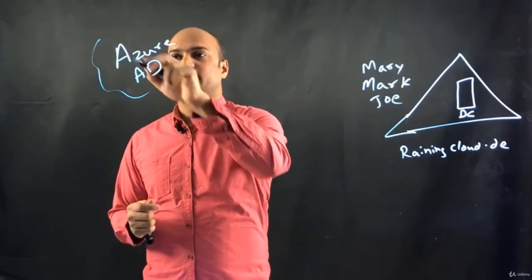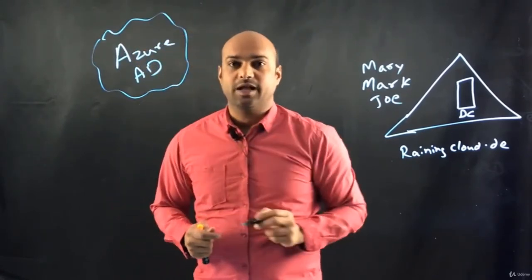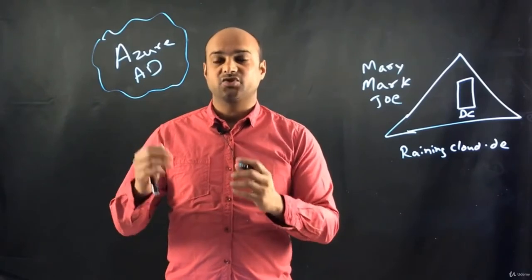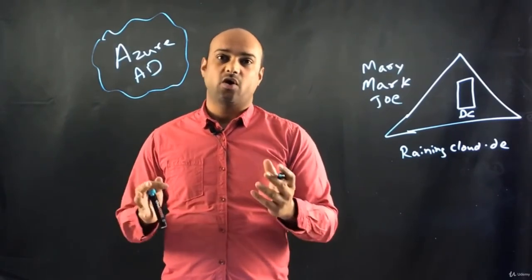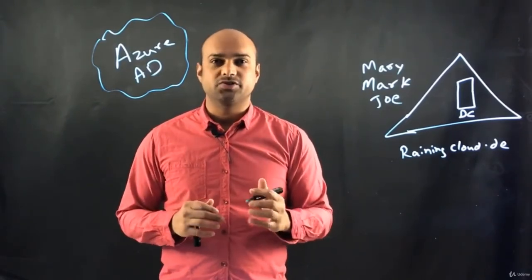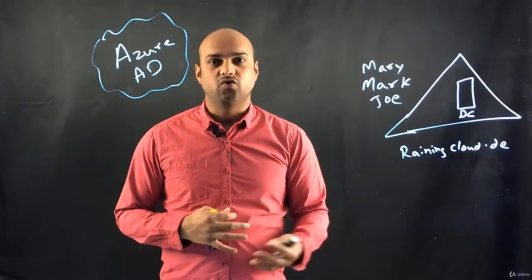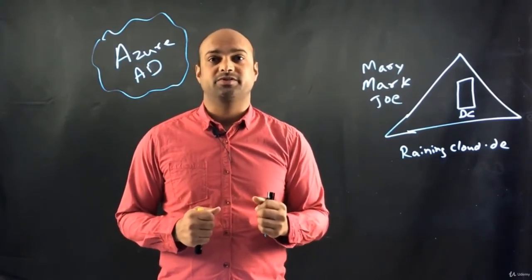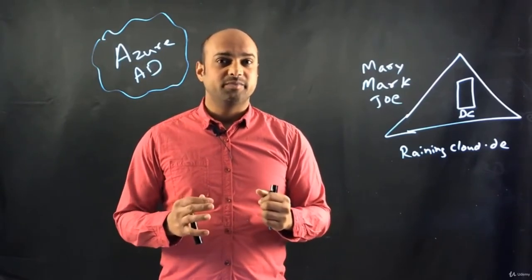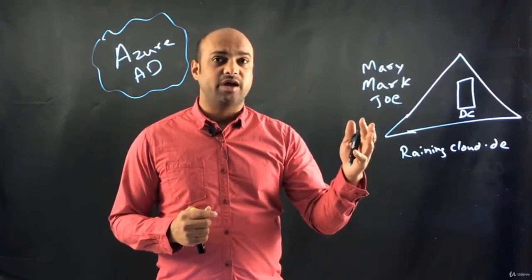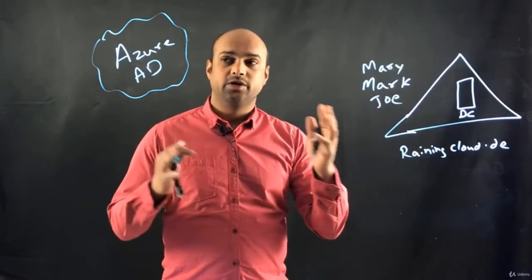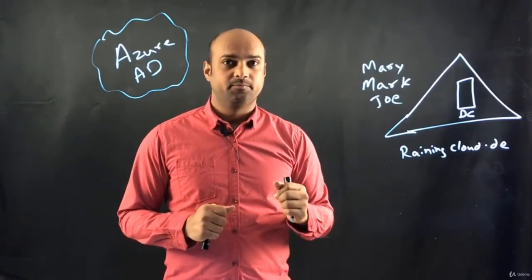So this directory is in the cloud. You have decided to take benefit of Azure Active Directory so that you can onboard SaaS-based applications like Workday, Concur, Salesforce, and Office 365 for mailing purposes. That also means that you want to synchronize your identities from on-premise Active Directory to Azure Active Directory.